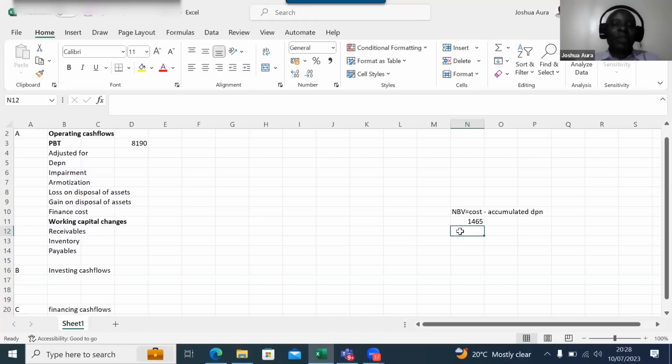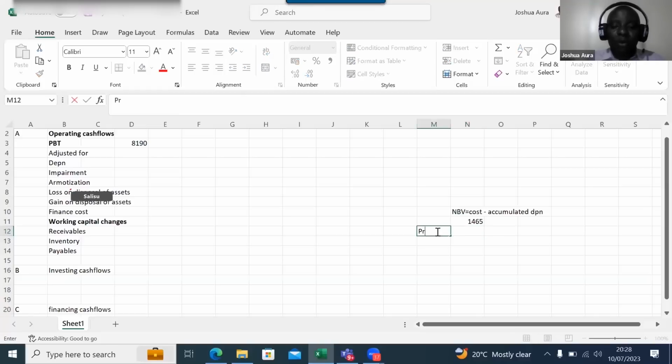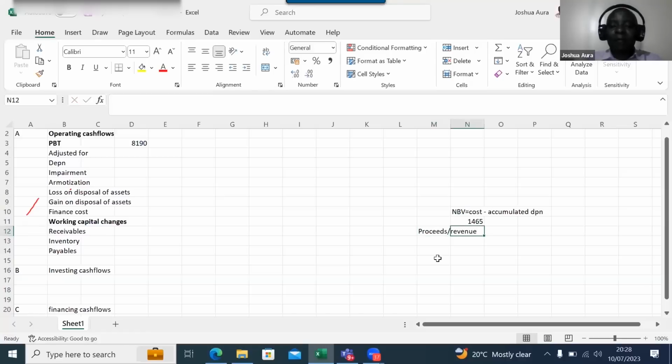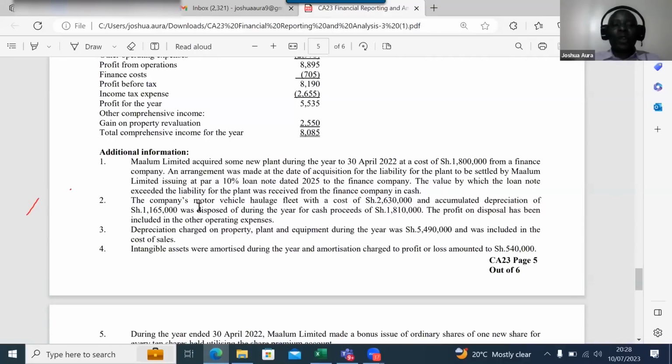So if you look at the revenue or the proceeds, in this case here, if I look at this, they have given me a figure. They have told me the company's motor vehicle haulage fleet with a cost of 2630,000 and accumulated depreciation of 1165 was disposed of during the year for cash proceeds of 1810.